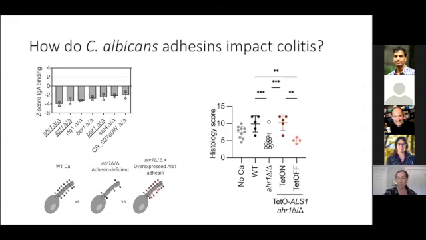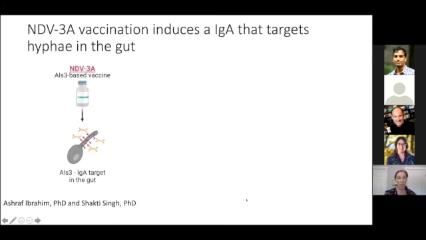But we wanted to determine whether the immune responses that target adhesins are actually beneficial in this context. And so to test this, we leveraged this Candida vaccine that many of you in the audience are probably familiar with, which is called NDV3A. These experiments were done in collaboration with Ashraf Ibrahim and Shakti Singh, who provided the vaccine.